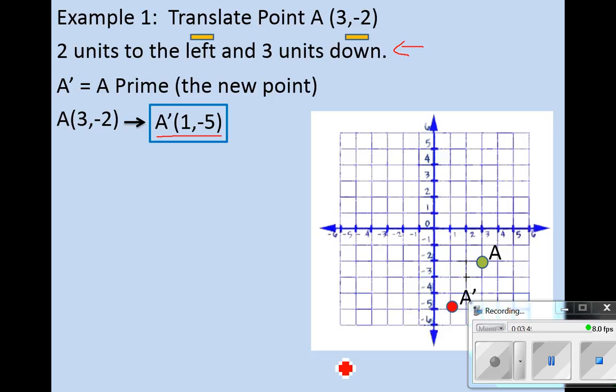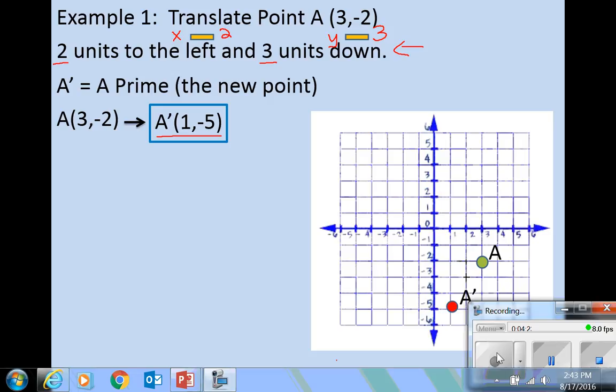And then if you need to, we are going to put in the fact that if you go left, you're on the x-axis. If you go down, you're on the y-axis. And then finally, how many are you going to the left? 2. How many are you going down? 3. So now we have our rule.